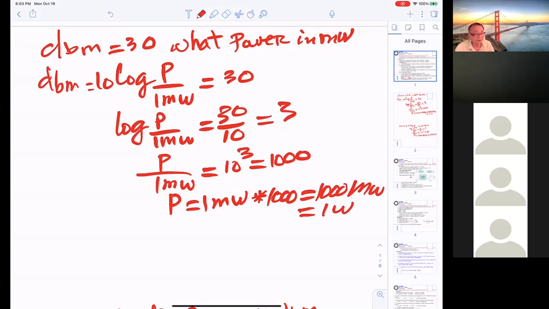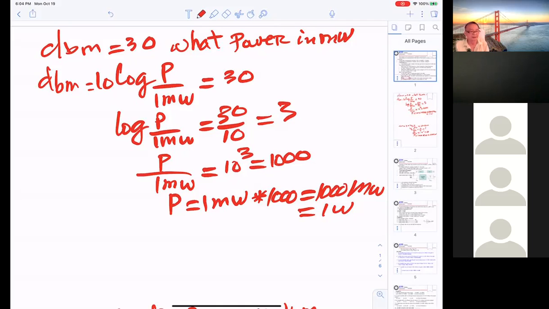And again, I want to emphasize, make sure you understand. You only get a dBm while you're working in the lab, in communication. They measure using dBm, but we deal with watt, milliwatt, kilowatt.